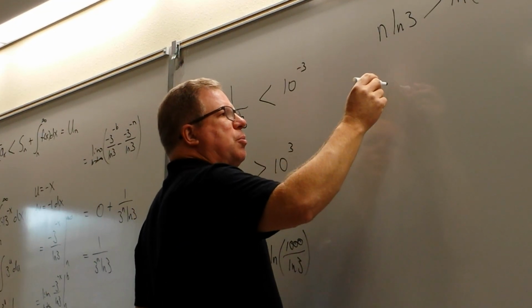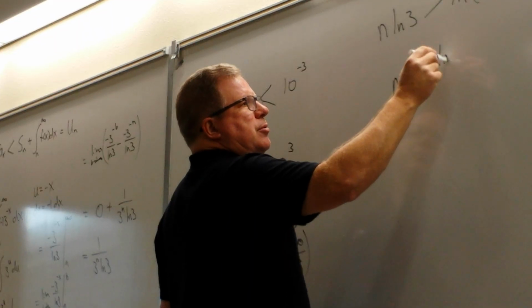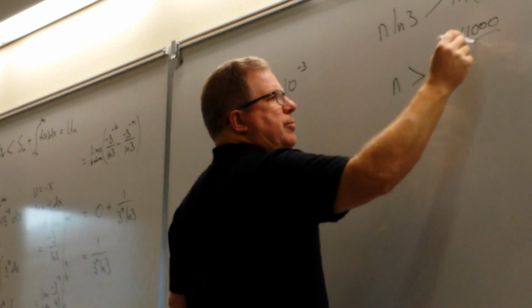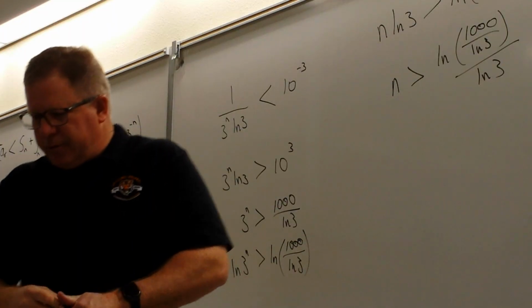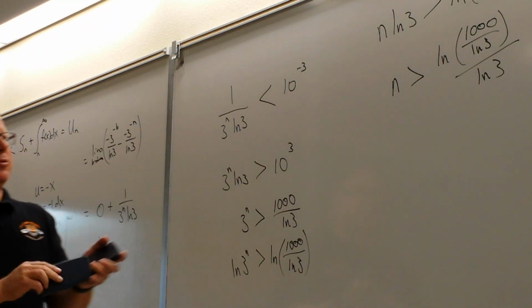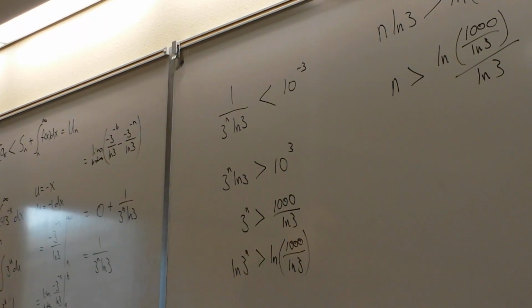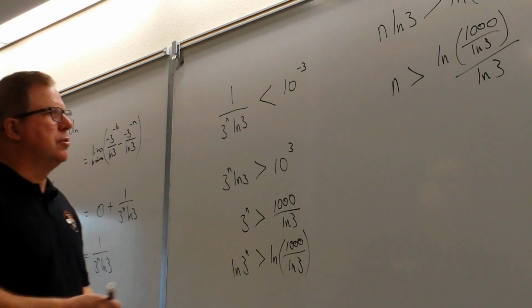Divide by this ln 3, and run it through a calculator. So ln of 1,000 divided by ln 3, careful with the parentheses, all of that divided by ln 3, and I get 6.202.